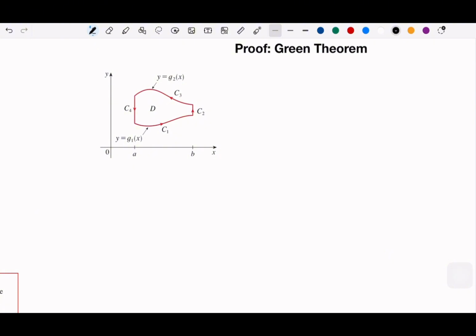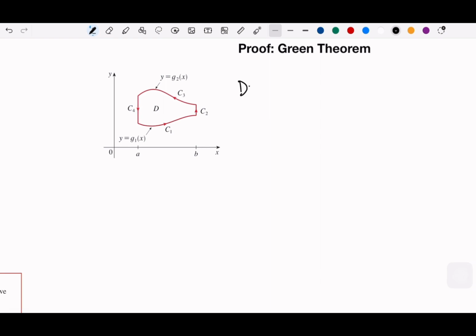We call it type 1 region, but I think the most important thing is to define the D. Basically, we say that x will be a constant starting from a to b, and then y will start from the function of x, g1.